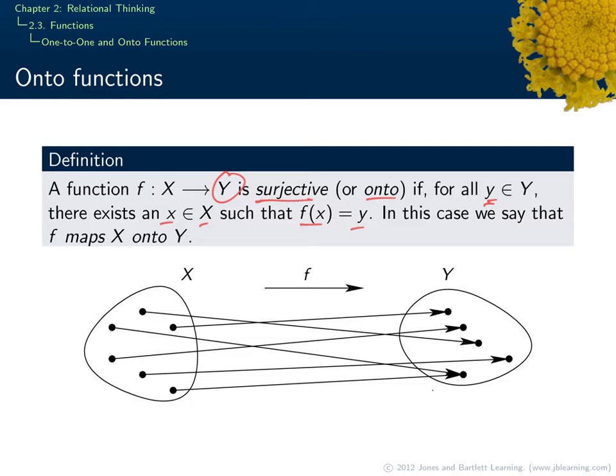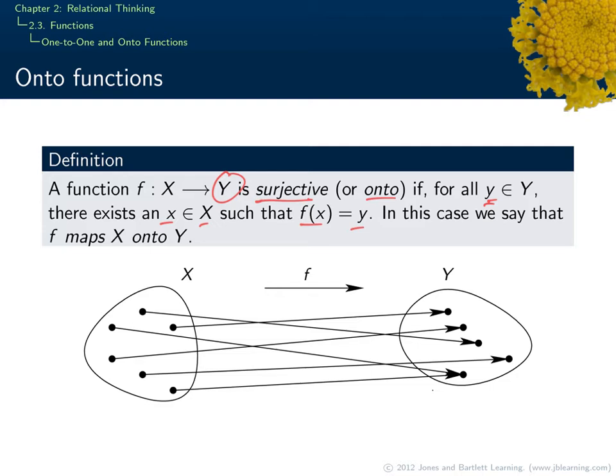What this means is that all of the elements in the codomain, rather than being just potentially outputs, are actually outputs. Everything in y is an actual output of the function.